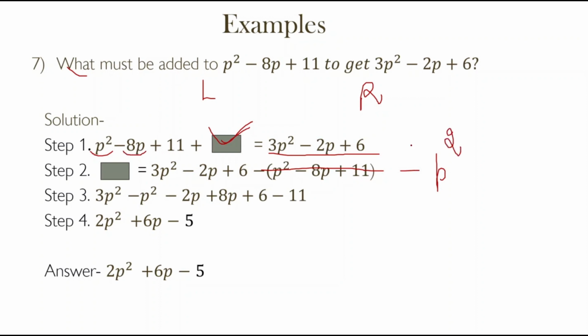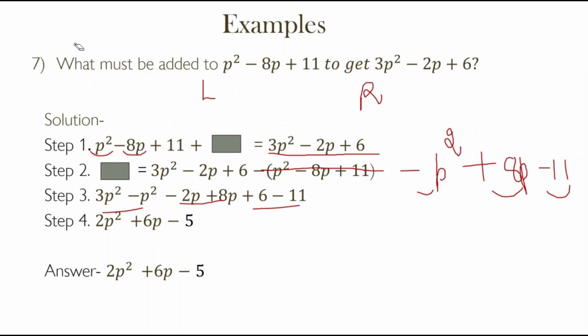When I shift the minus 8p, it becomes plus 8p, right? When I shift the plus 11, it became minus 11. Now collecting the like terms. So 3p square minus p square, writing them together. Minus 2p plus 8p, writing them together. Plus 6 minus 11, writing them together, right?